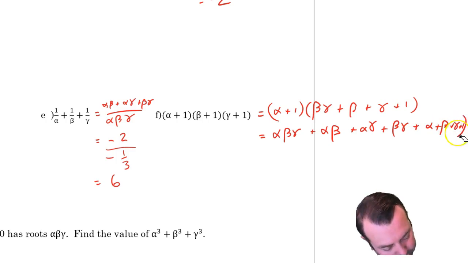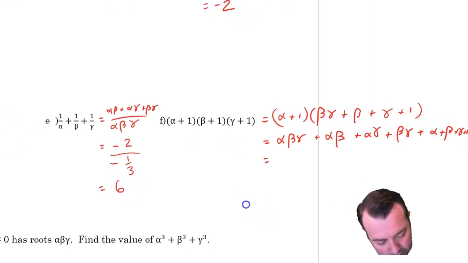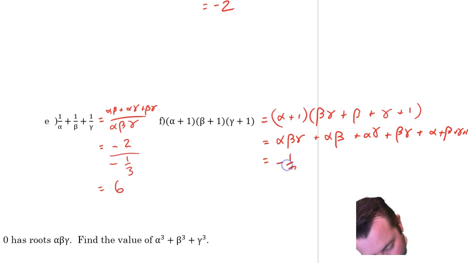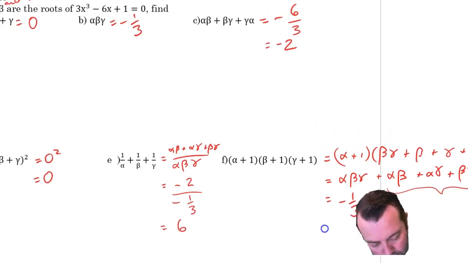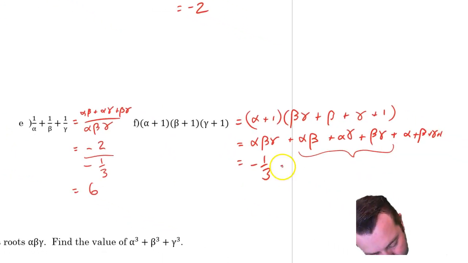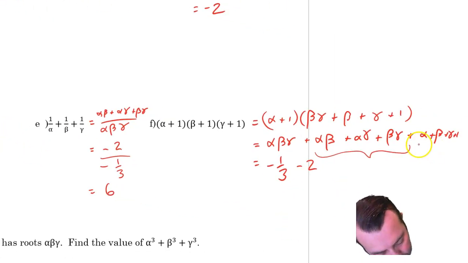Okay, so I've got the product, which was negative 1/3, plus the sum of the pairs, which was equal to negative 2, plus the sum of the roots, which is equal to 0, and then plus 1.